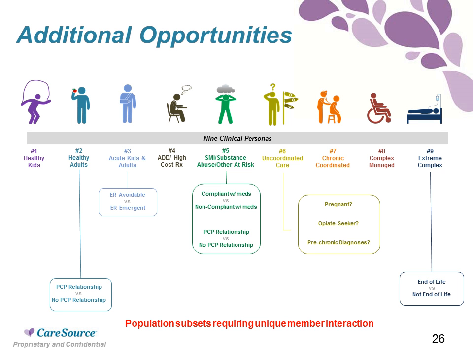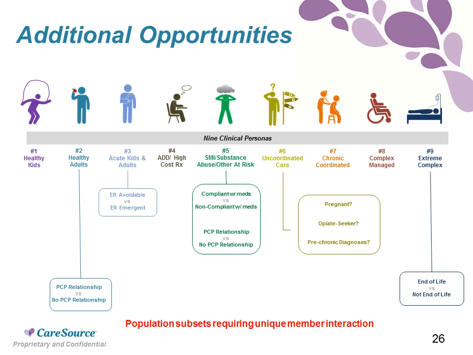So we want to do something different with you. Also in persona 6, one of the things that we have identified is we have a group who is opiate seeking, and so that's one of the reasons why their care is showing uncoordinated, because they're kind of all over the map. So we want to keep our eye on those folks.